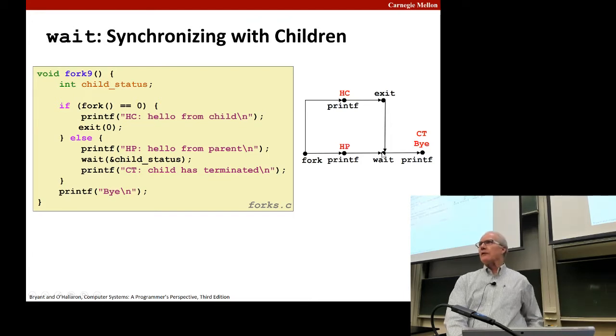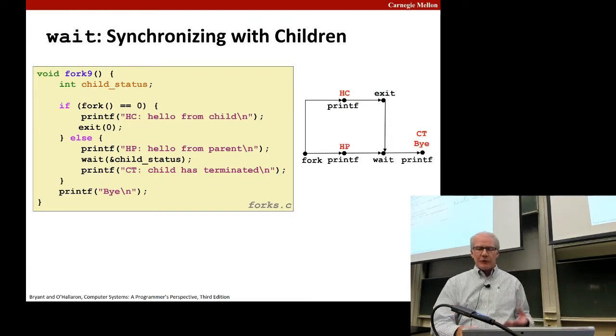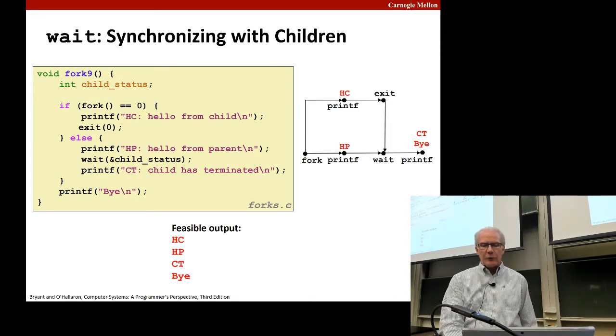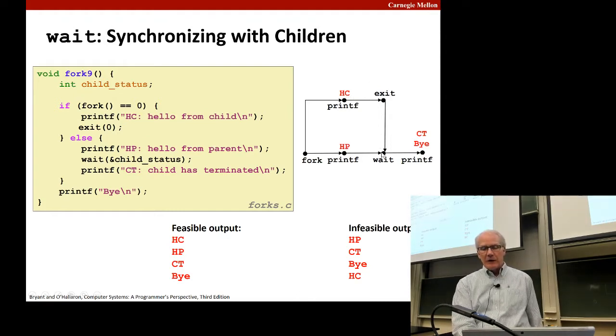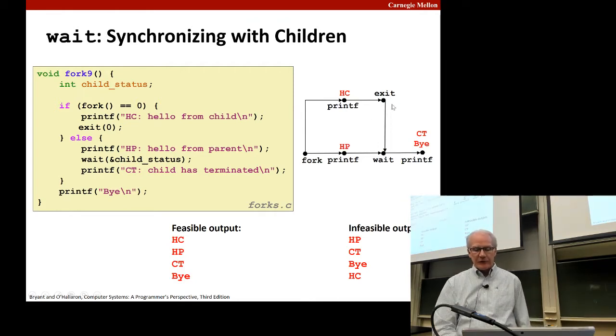Again, this is one way it controls the concurrency, the possible executions this program could have. It's impossible for the program to print by here without having previously printed HC, the hello from the child, because wait will only continue past this point once the child is executed.